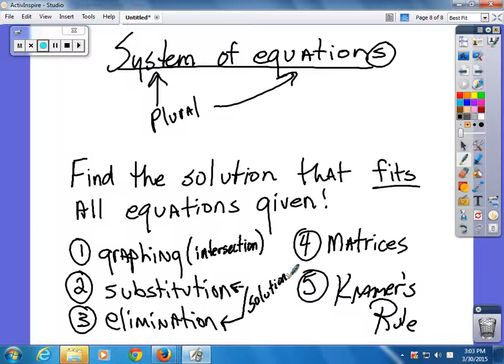With matrices and Cramer's rule, you're going to use matrices to find the same solution. So we'll start off with graphing.